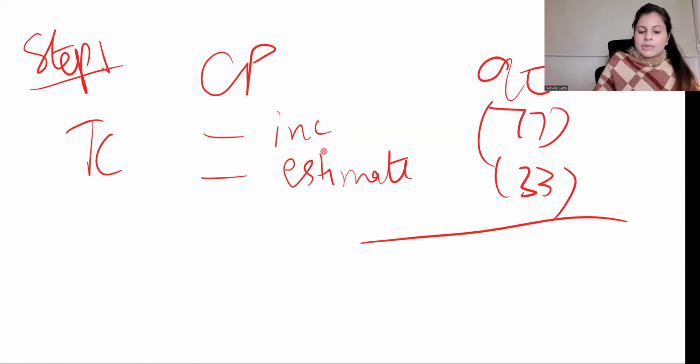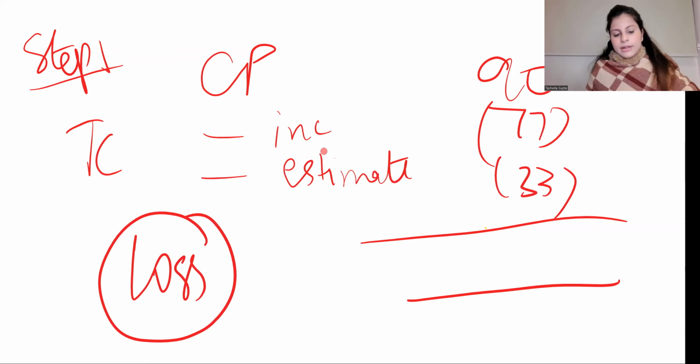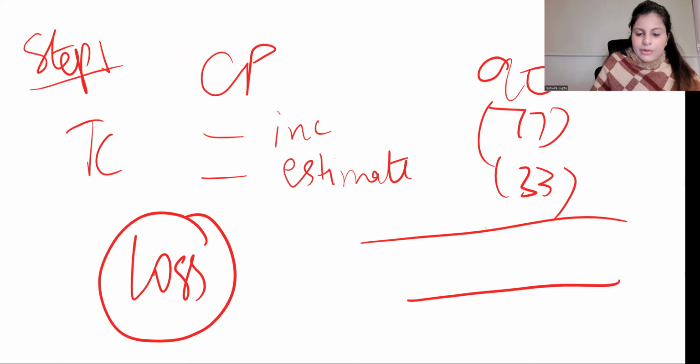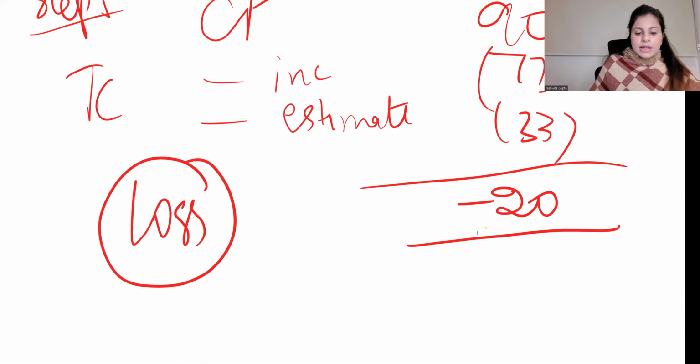Is it an overall loss-making contract? Yes, it's a loss-making contract. So how much loss is there? Loss of 20. What do you do with loss-making contracts? Do you measure the progress? Yes, we do measure the progress.